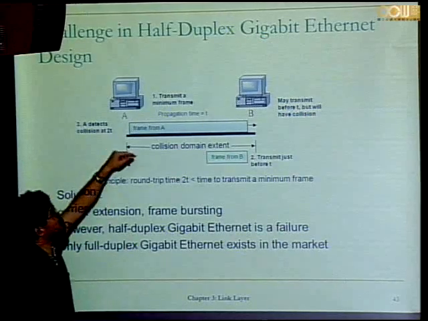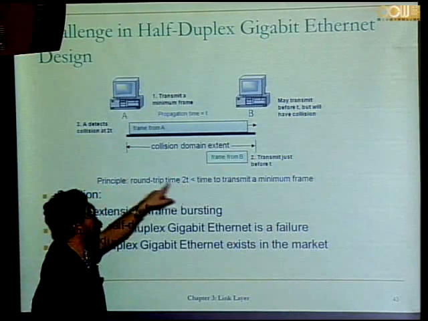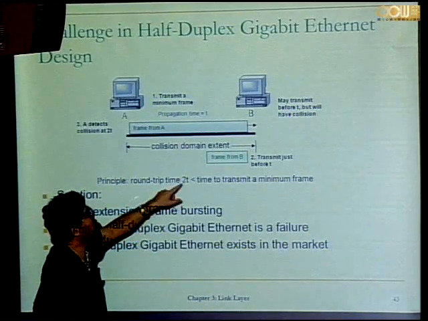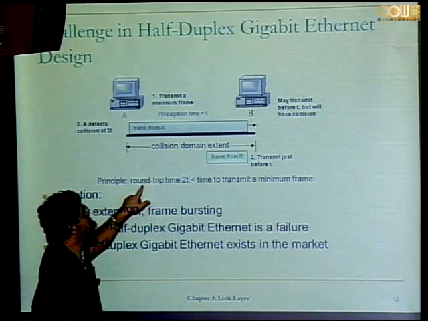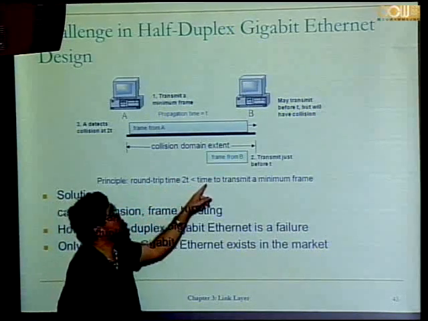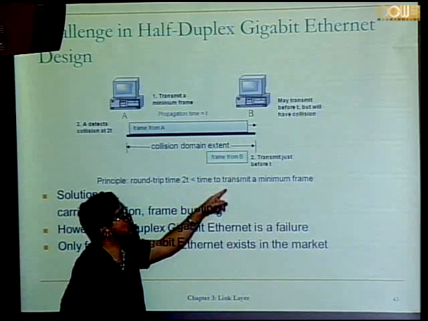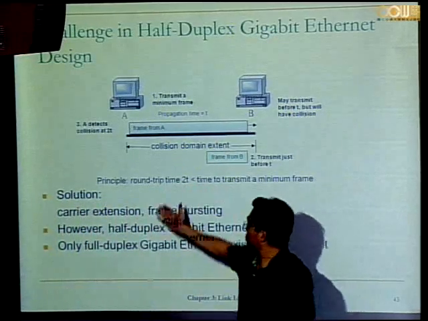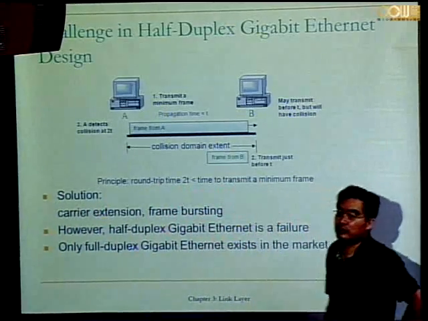So for CSMA/CD to work correctly, there's a principle. It says that the round trip propagation time, 2t, should be smaller than the transmission time for a minimum frame. This is propagation time, this is transmission time.